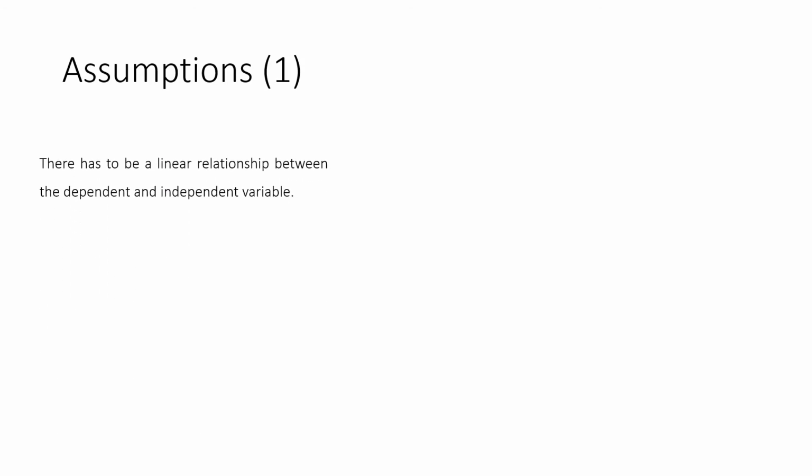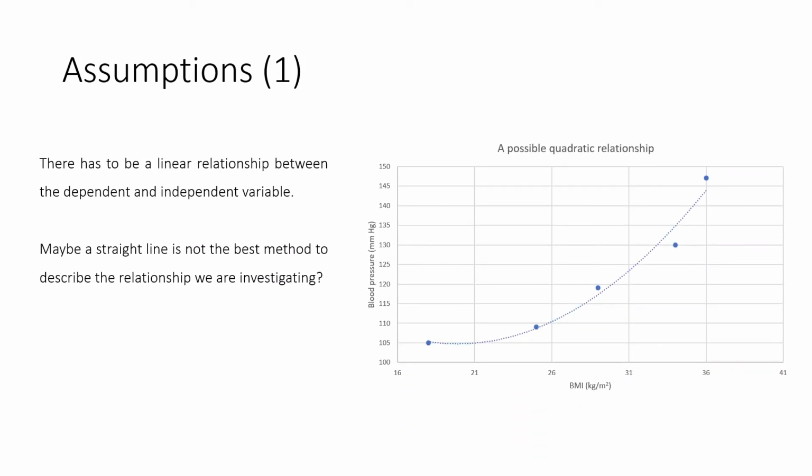Now the first one, this one may sound a bit obvious, but it's very important, is that there has to be a linear relationship between the dependent and the independent variable, right? So we want to draw a straight line through the data points. There at least has to be a way that we can do that. And it's not always the case, because maybe a straight line is not the best method to describe the relationship that we are investigating.